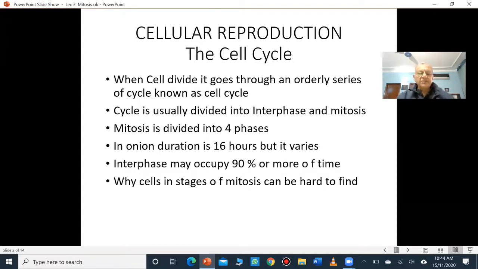In diagrams in some zoology textbooks, they describe mitosis in animal cells, but here we are going to describe mitosis in a plant cell, and that is onion. As I have said, interphase may occupy 90% or more of the time, and usually it is hard to find these stages of mitosis under the microscope. I will explain this to you in the lab.